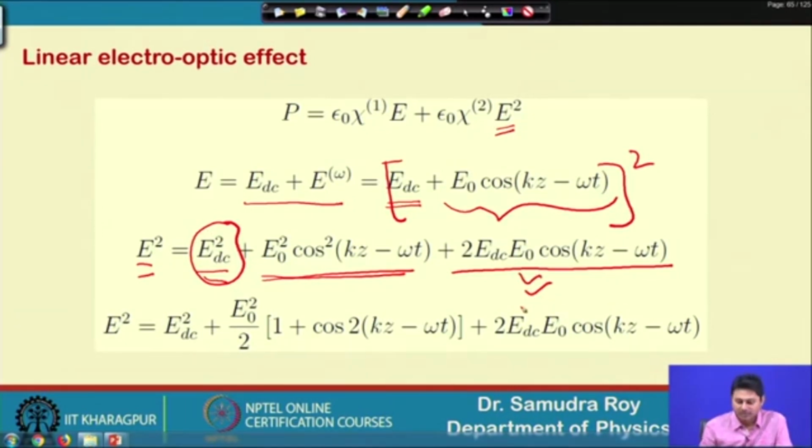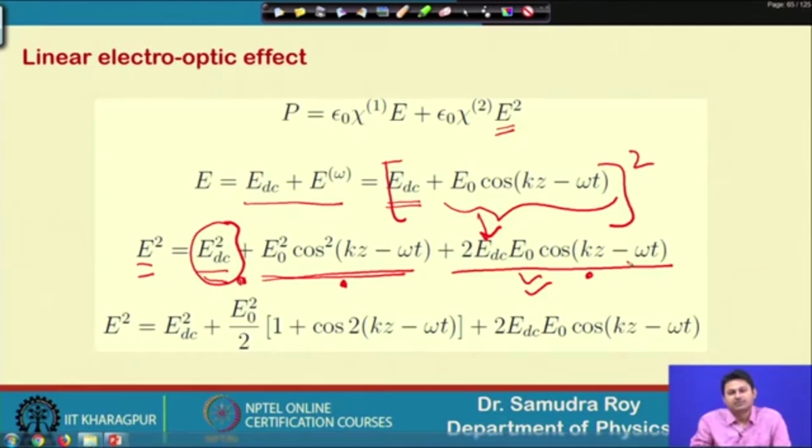This term not only contains DC, but it is coupled with the original electric field E0 cos(kz minus omega t). So, that means if DC is there, the original field is coupled with that. This is an independent term, and this is also an independent term, no DC is there, but there is a coupling term, and this coupling term basically gives rise to the linear electro-optic effect.